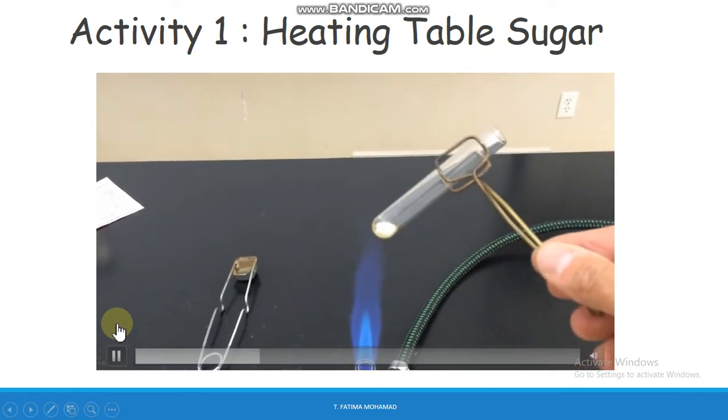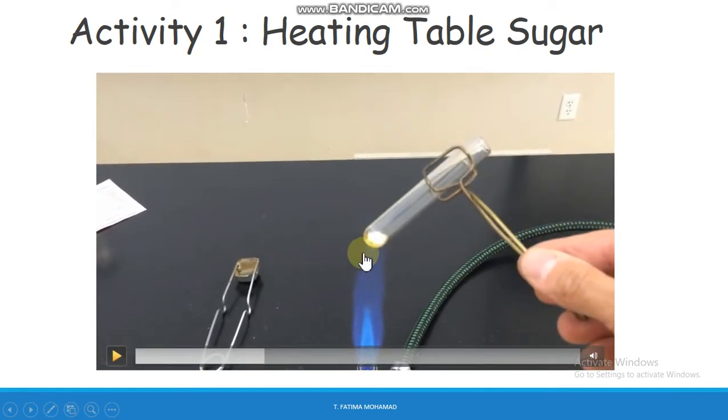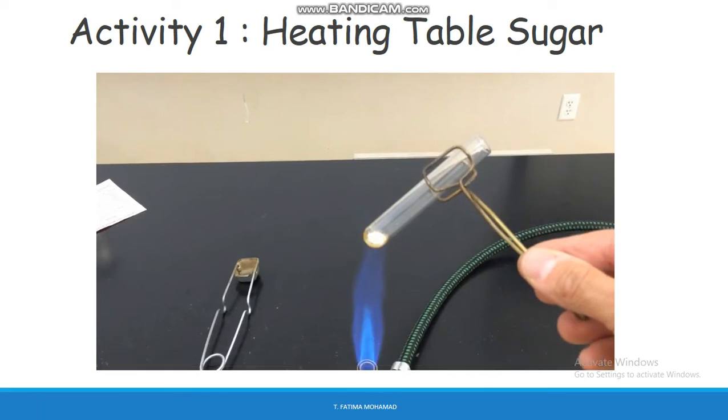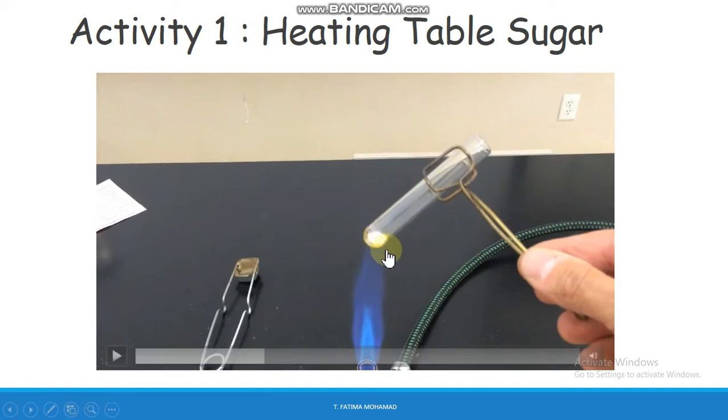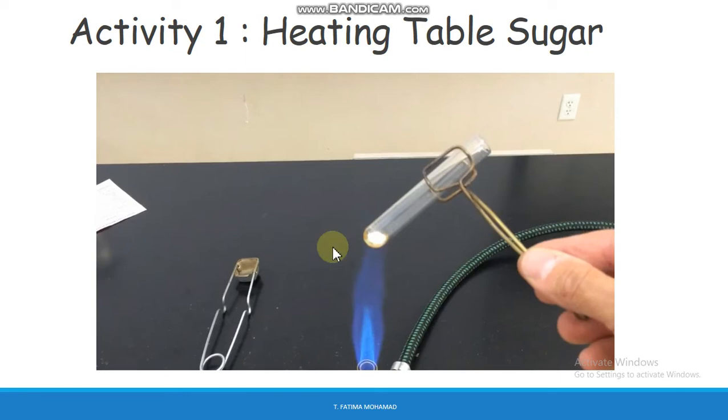As you can see, the sugar starts to change its color to brown. So we have a chemical change because we have a change of color. We have a transformation. Sugar is not there, it's transformed into a new substance known as caramel. This phenomenon is called caramelization, where the color of sugar is changed from white to brown.